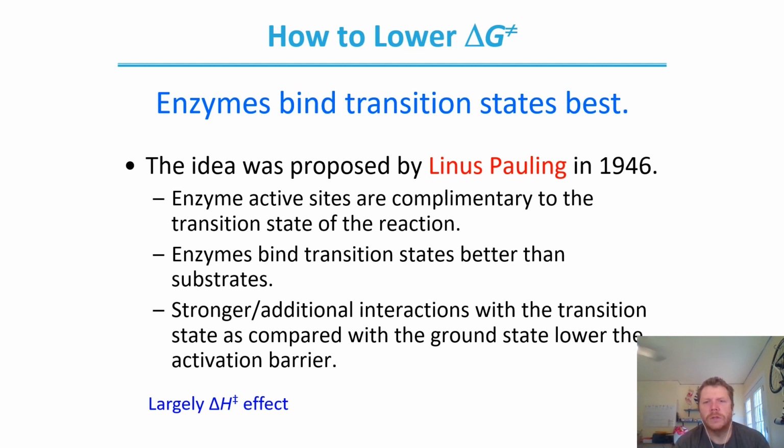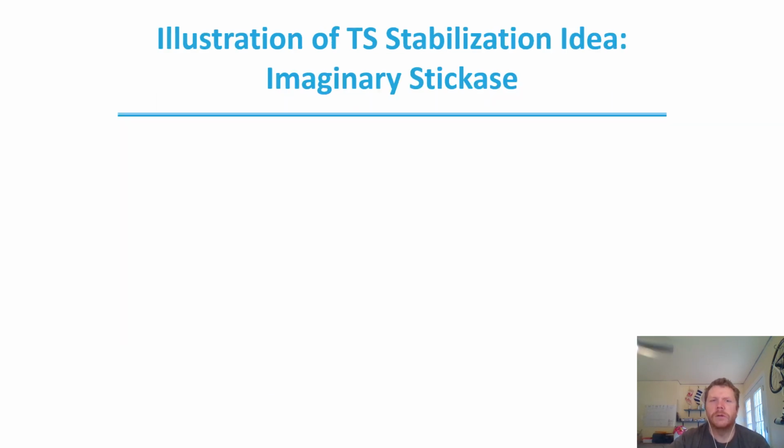So stronger and additional interactions with the transition state as compared with the ground state lower the activation barrier. So our delta G double dagger is going to drop because our enthalpy transition state is going to be most impacted.